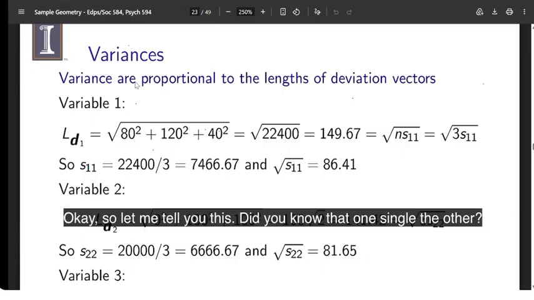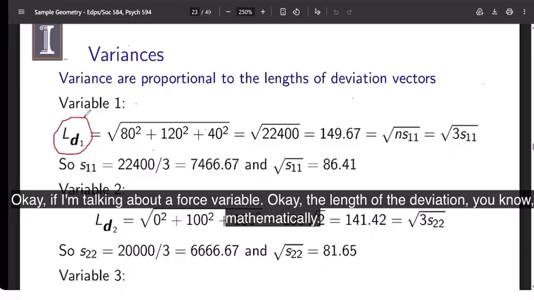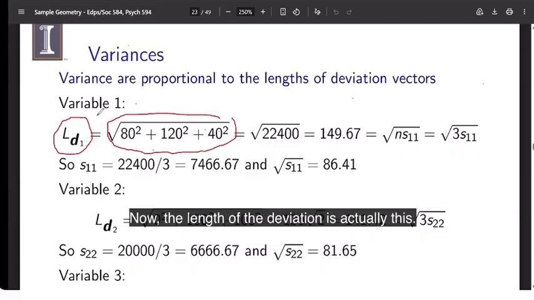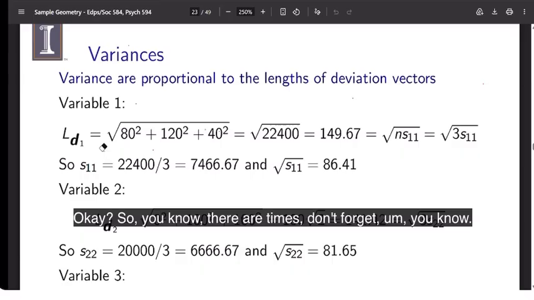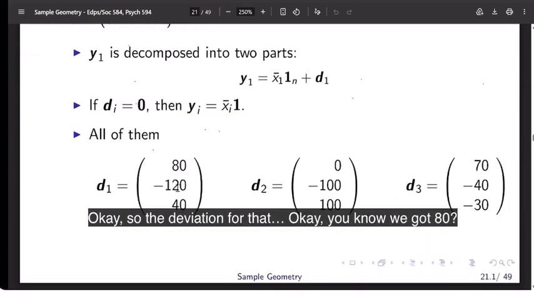The length of the deviation for the first variable, mathematically, is this. Don't forget the deviation that I got for D1. We got 80, -120, and 40.